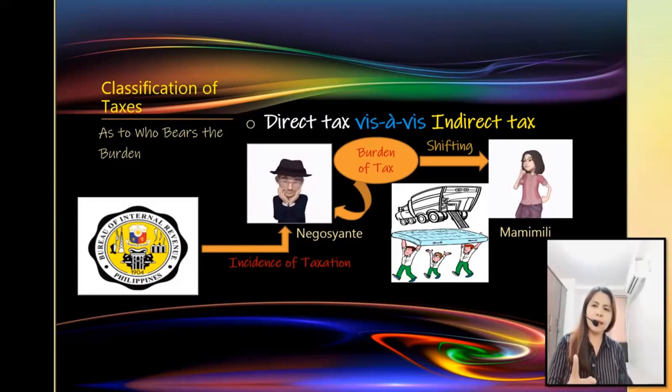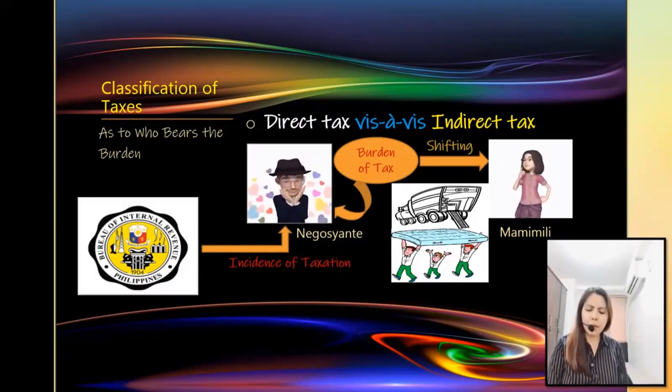If the burden of the tax can be passed on to the customer, client, then that would be an indirect tax. If the burden is shouldered by the taxpayer himself or herself, then that will be a direct tax.